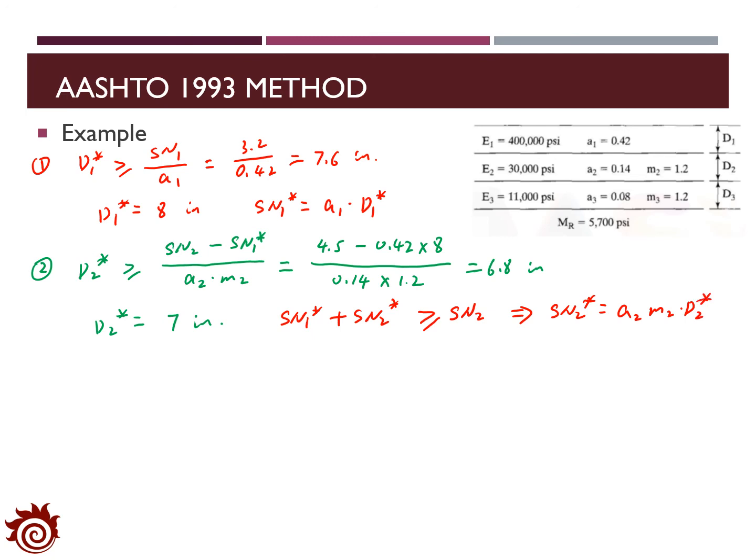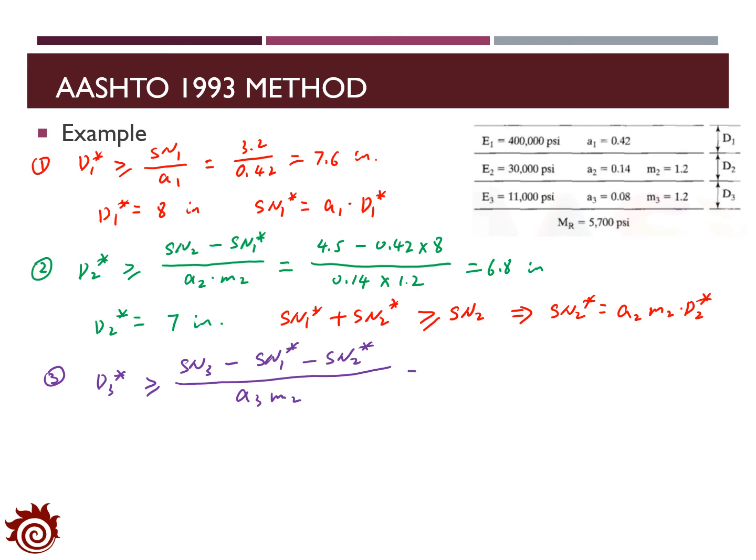Then we can go to estimate the thickness of the subbase layer. Well, we will call the condition D3 star higher than SN3 minus SN1 star minus SN2 star divided by A3 M3.